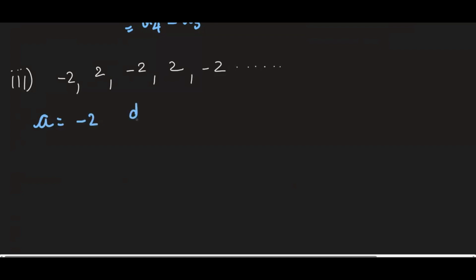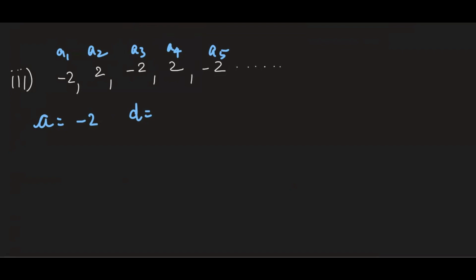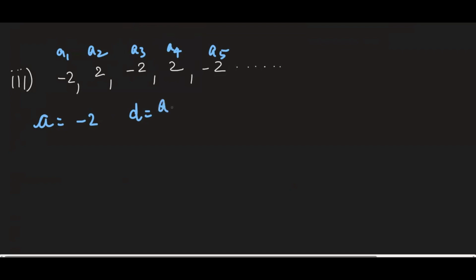So the first term of the series will be A, which is minus 2. Okay. And D is, we will just write, this is A1, A2, A3, A4, A5. So here D is equal to A2 minus A1, or A3 minus A2, or A4 minus A3, A5 minus A4.